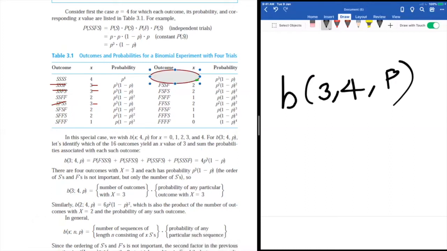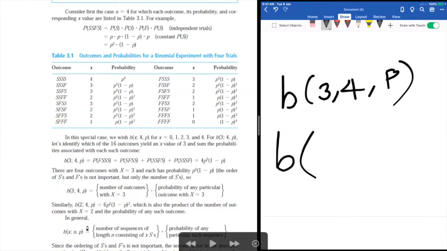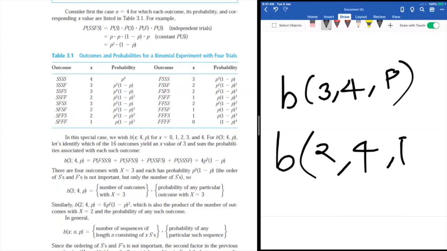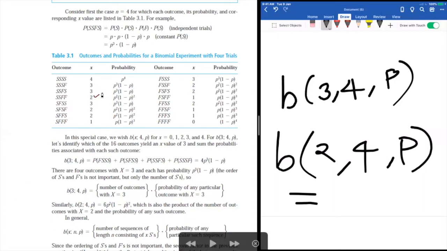Similarly, you can find the probability of 2 successes out of 4 trials with probability of success p, small p. In this case, counting the outcomes with 2 successes, we get 1, 2, 3, 4, 5, 6.